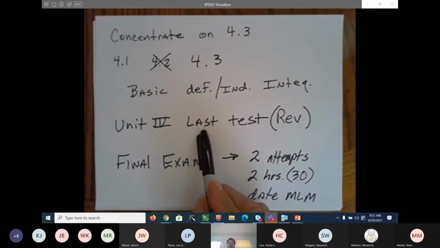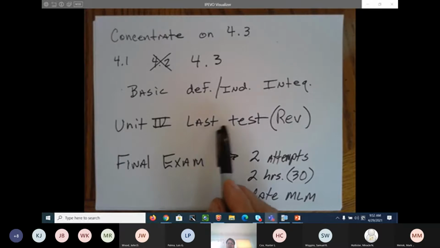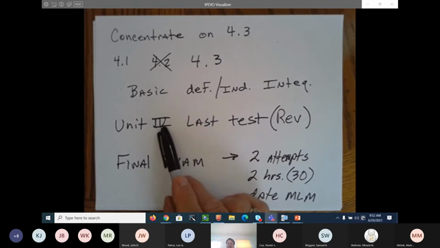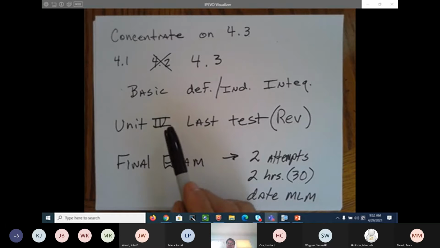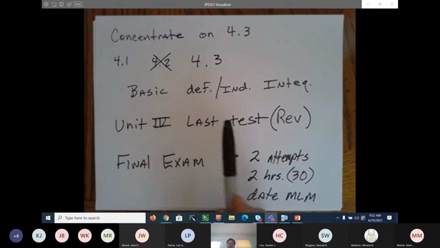Now, some of y'all went in, I haven't looked at it since Tuesday, but if somebody took the Unit 4 test and made a 70 or better, I'll keep that grade. Anything below 70, I'm going to delete it. Does anybody have a problem with that? If you do, let me know before class ends, because on Tuesday 5 people tried to take it and they all made below 70.